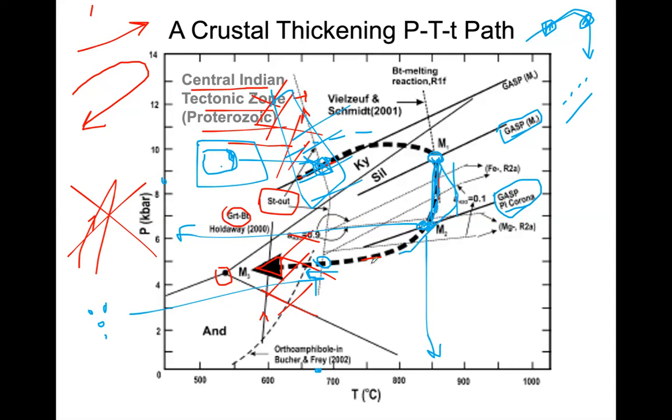So these 2 points have been determined, and they have considered some biotite melting reaction also. Biotite melting reaction means dehydration reaction. Remember, we talked about dehydration reactions also. So in this PT path, the dehydration reaction slope is like this, and the PT path hits like this, like that.